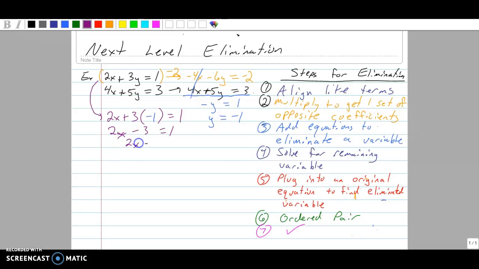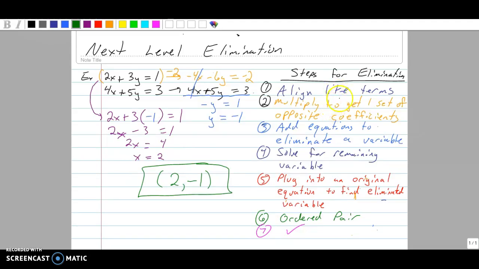You get 2x is equal to 4. X is 2. Alright, so now we got x, now we have y. Our final answer is an ordered pair. The ordered pair is this point 2, negative 1. There's our solution.